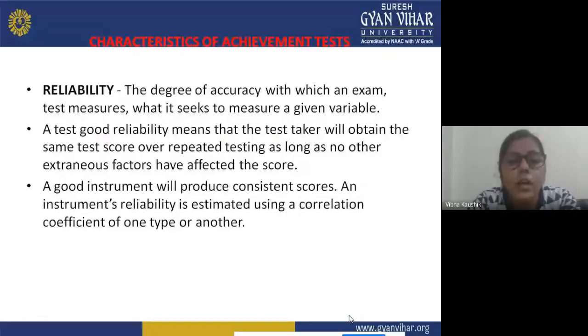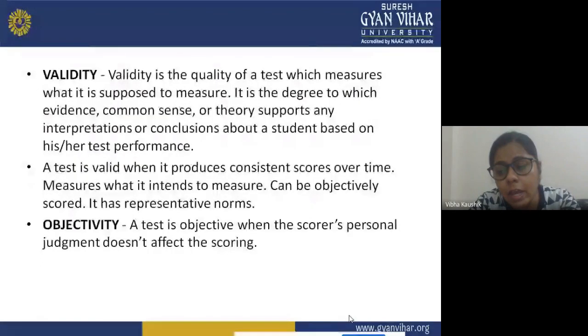Now, the next is validity. Validity of a test is again a characteristic of an achievement test, and it means the quality of measuring what it sets out to measure. For example, you have developed a test to measure the personality disorders of an individual.